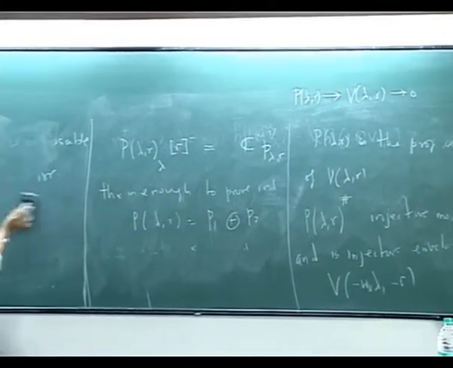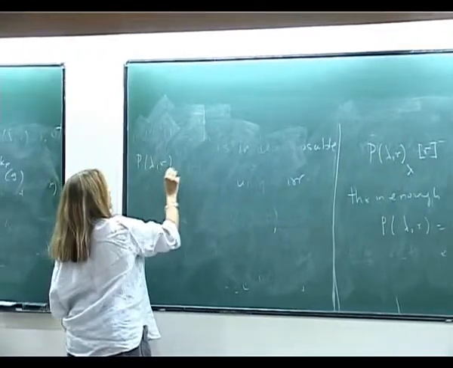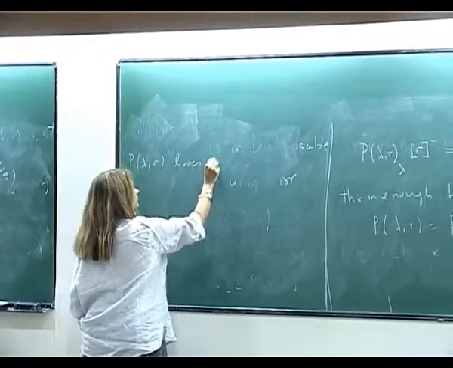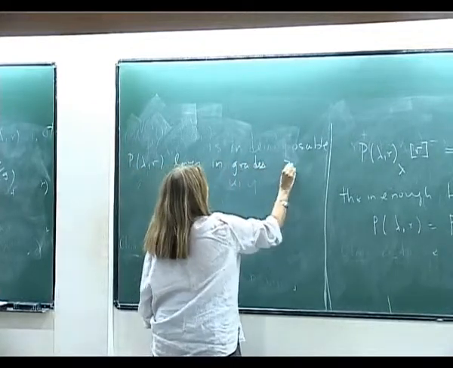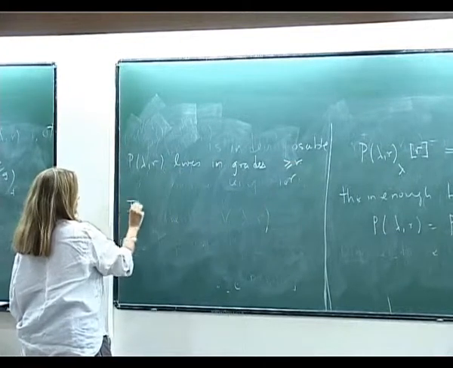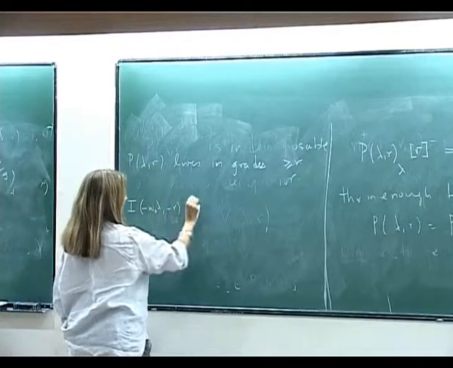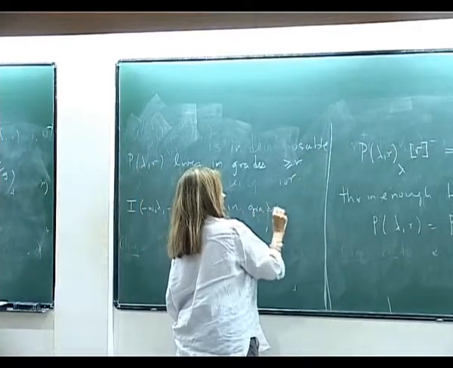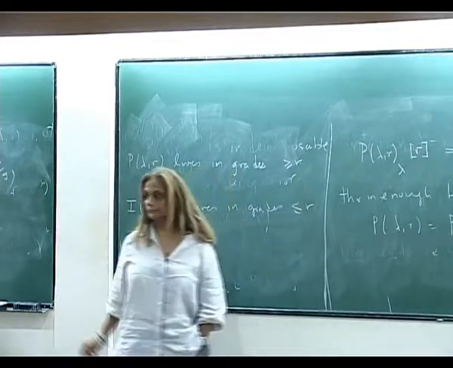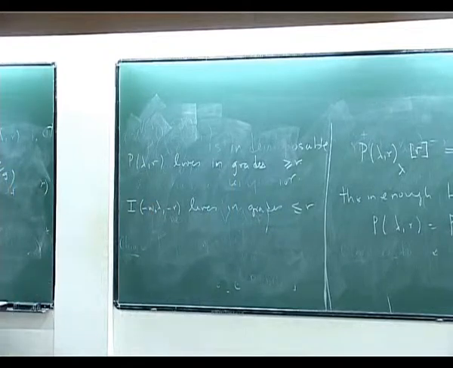So the graded pieces of the injective. I told you what the graded pieces of the projective were. So P lambda R lives in grades bigger than or equal to R. And so the injective module, I minus W naught lambda, its dual, lives in grades less than or equal to minus R. Okay, so they live in very different parts of the category.